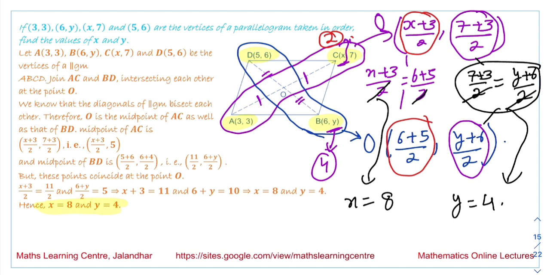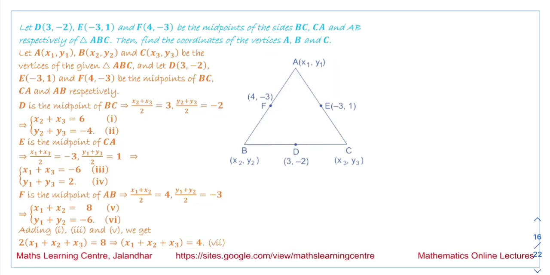Next is, let D, E, F be the midpoints of the sides BC, CA and AB respectively of triangle ABC. So these 3 points we have, and we know the values of these 3 points. We have to find the coordinates of this triangle ABC, and we have assumed that the coordinates are A is x1, y1, B is x2, y2, and C is x3, y3.